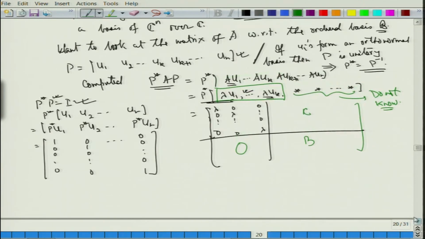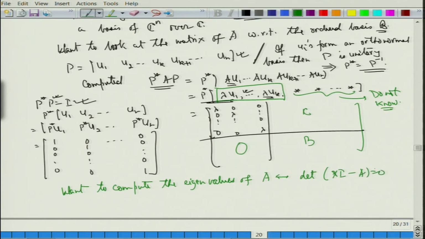And therefore, when I want to compute the eigenvalues of A, we need to look at the determinant of xi minus A equal to 0, which was the same thing as saying, as we saw, that the determinant of xi minus P star AP equal to 0, which will again imply that these lambdas will give you lambda, lambda, lambda, k times.